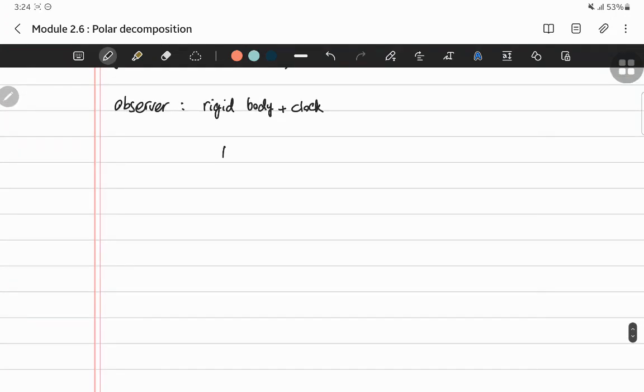Therefore, if you are in your frame, you have X, your position, and T, and you want to transfer using a transformation to another frame, X star and T star, we show it by this.